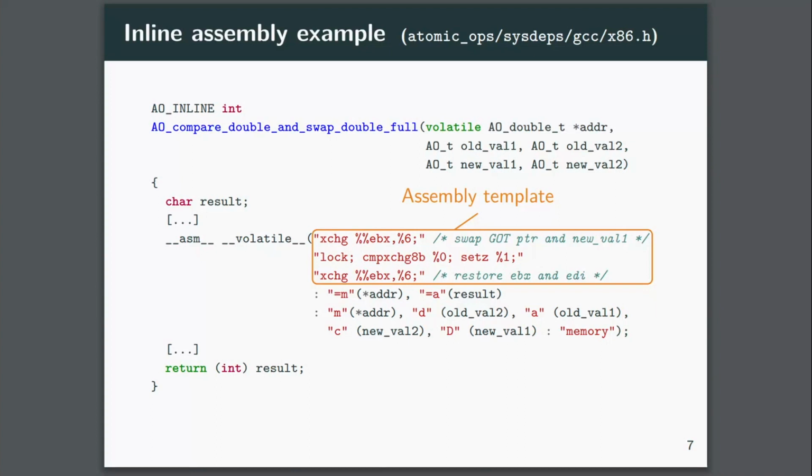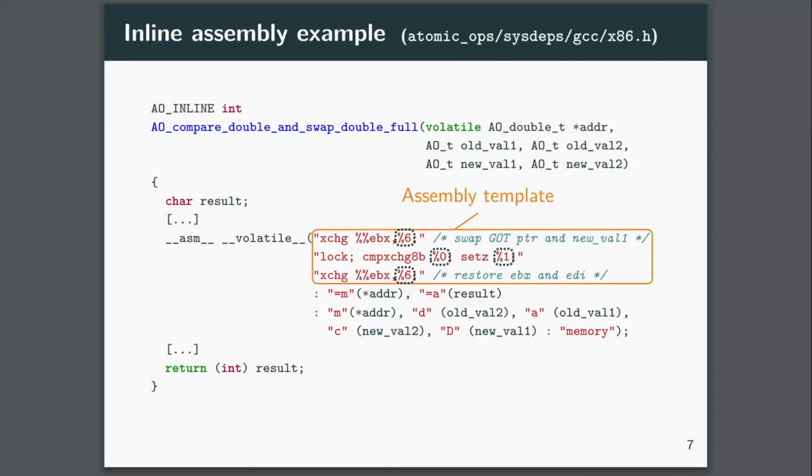To understand how the problem can arise, I will describe the structure of an inline assembly chunk. It is composed of an assembly template, which is just a string of characters that contains the assembly instructions but also some tokens that work like in the printf function.